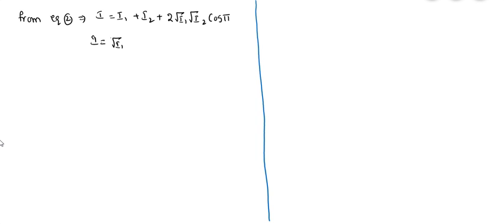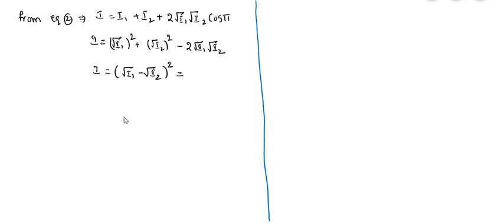We write root I1 whole square plus root I2 whole square plus 2 root I1 root I2 cos 180, and cos 180 is -1 here. Then we will get minus 2 root I1 root I2. This is similar to the a square plus b square minus 2ab formula. We will get I is a minus b whole square, that is root I1 minus root I2 whole square.